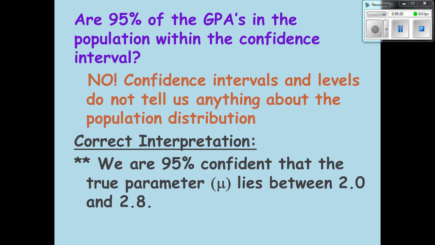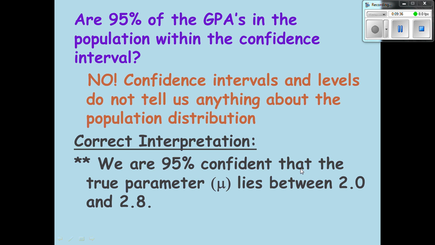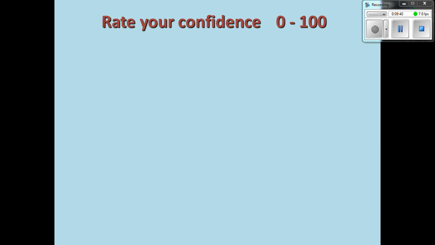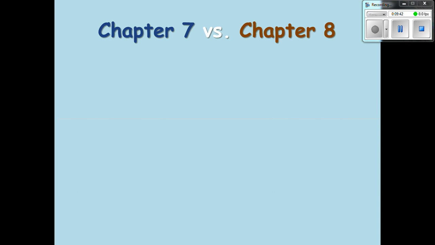We don't know how the population is distributed, or maybe the population itself may be really skewed. So that's why the top interpretation doesn't apply. We're just 95% confident the true mean lies between those two values. That wraps up our first section on confidence intervals, 8.1. In the next sections, we will get more into how we calculate them.